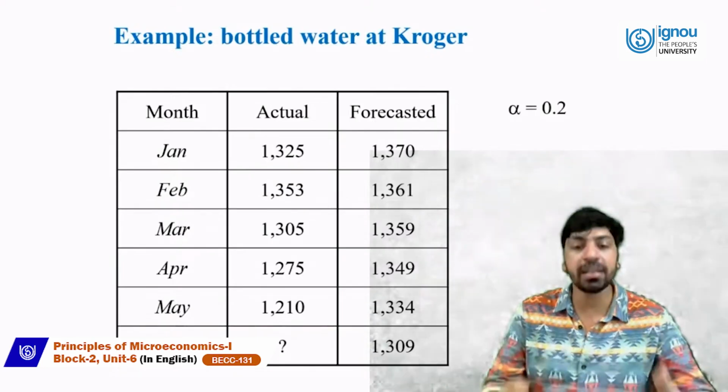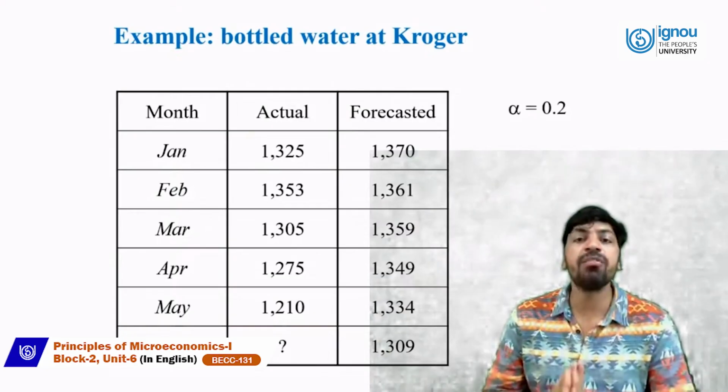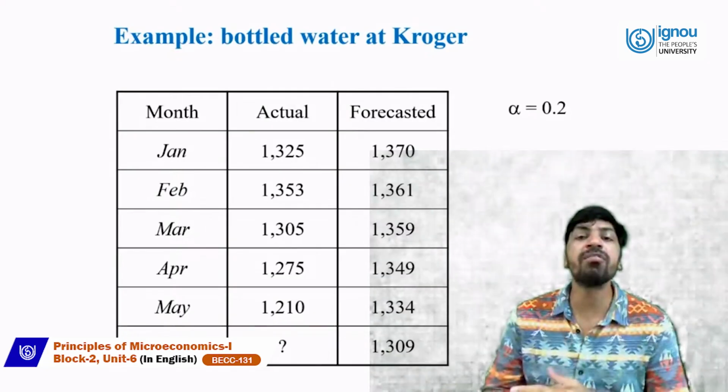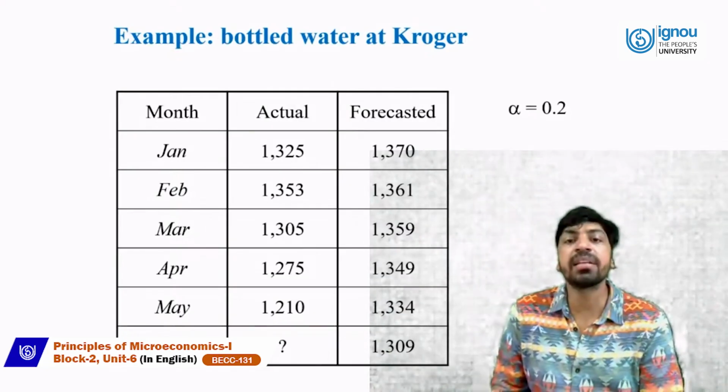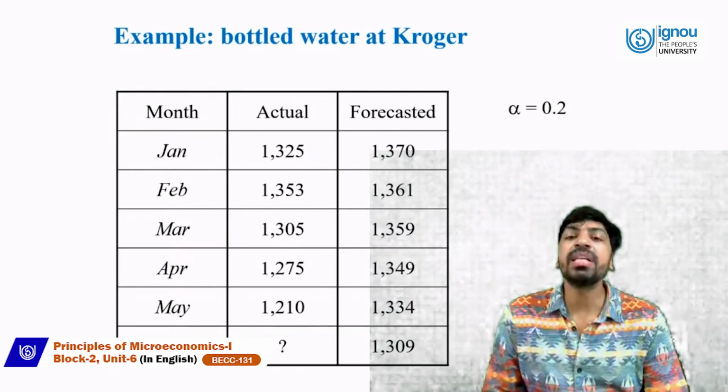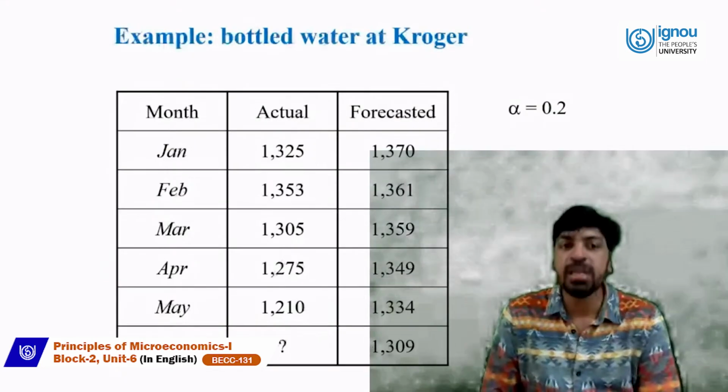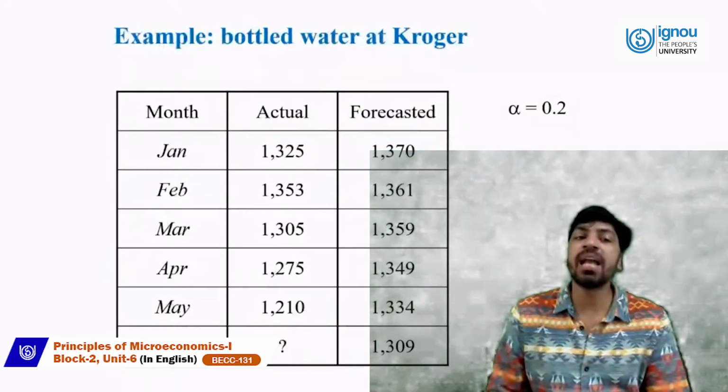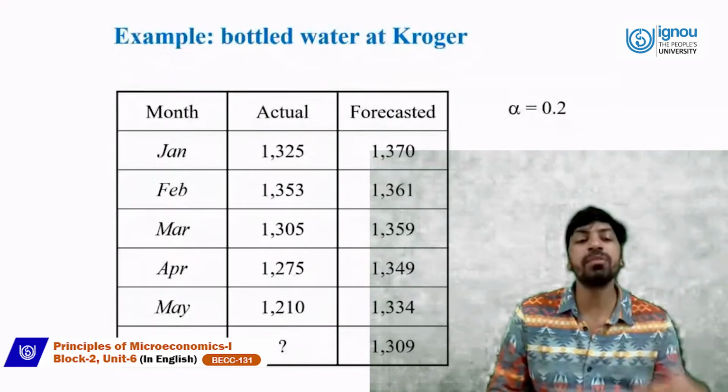Just subtract the 9 from the last period's forecasted value, that is 1370 minus 9. You will get 1361.